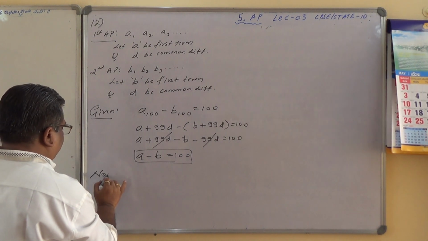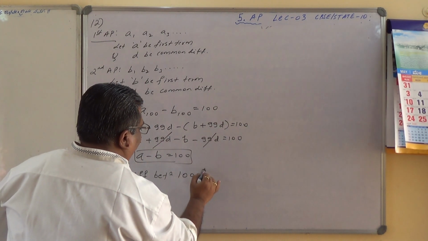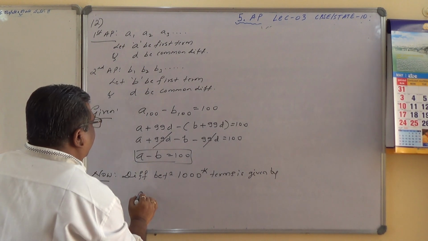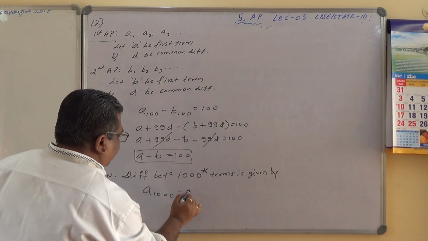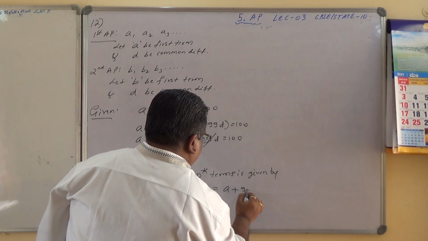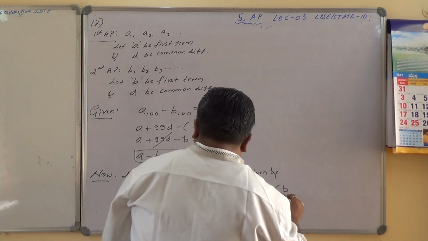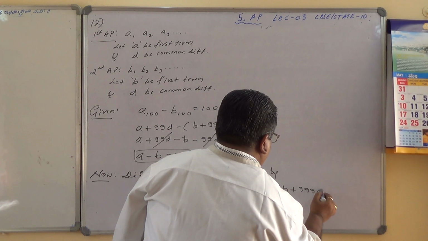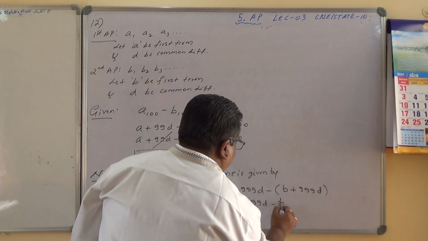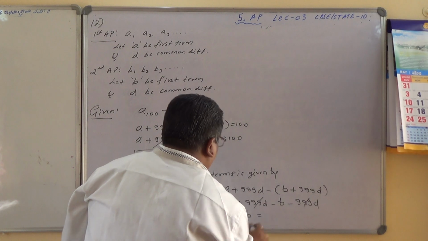So now the difference between the 1000th terms is given by A1000 minus B1000, which equals A plus 999D minus (B plus 999D), which equals A plus 999D minus B minus 999D, which equals, this will cancel, A minus B. Already A minus B is 100.